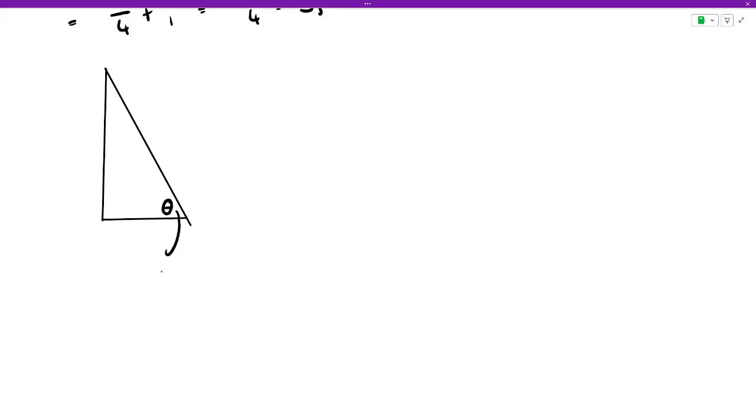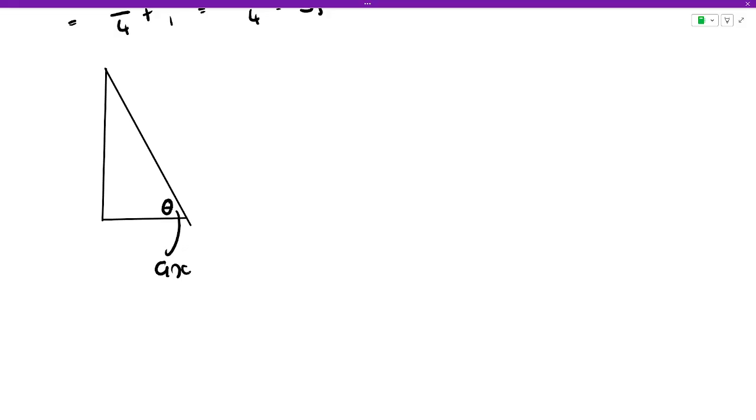This is known as the angle of elevation.